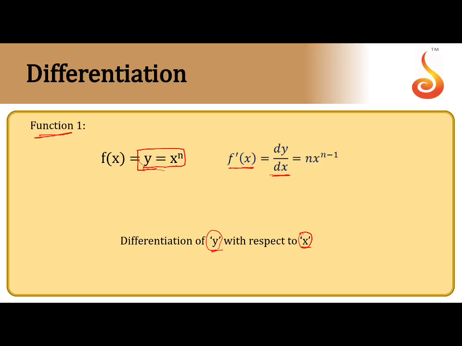When f of x is x power n, on differentiating, you get the answer n into x power n minus 1. If y is equal to so much, dy by dx will be equal to so much. When y is equal to x power n, the differentiation of y will be equal to n into x power n minus 1.